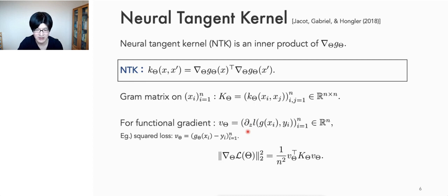Here, the functional gradient is a bunch of derivatives of the loss function with respect to the output of g at each training example. So the gradient norm is measured as a norm of the functional gradient using the Gram matrix K theta. So NTK is very useful in measuring the gradient norm.